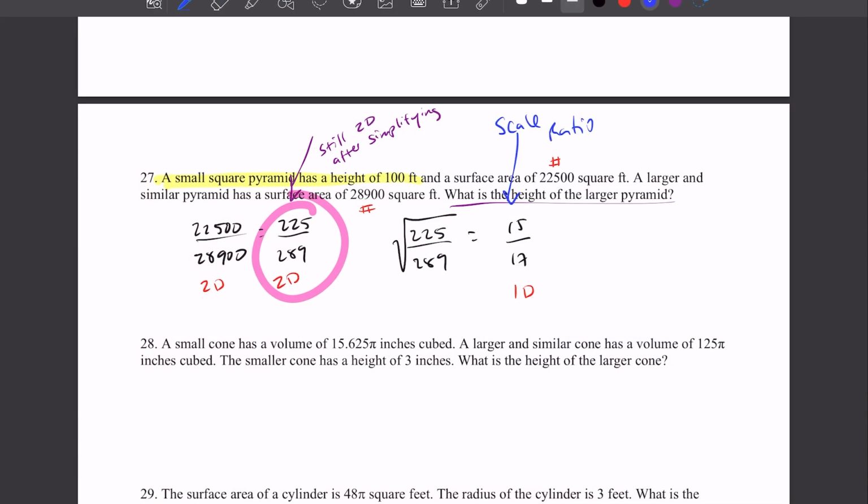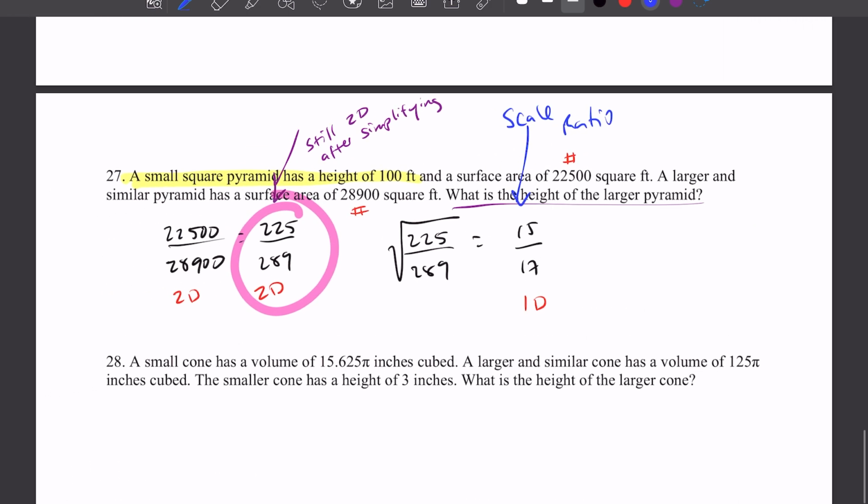Okay, so that's my scale ratio, and we are looking for height, right? Height is a segment, so therefore it's a one-dimensional object. So I can go ahead and say 100 over x. And yes, the order does matter.